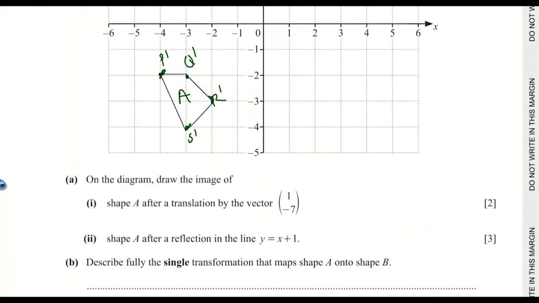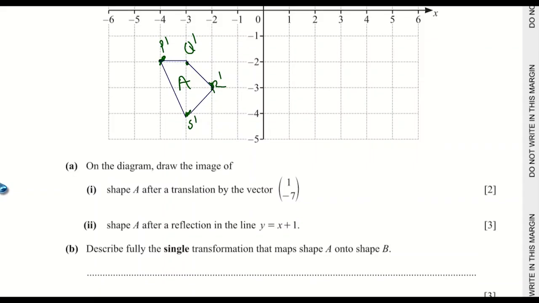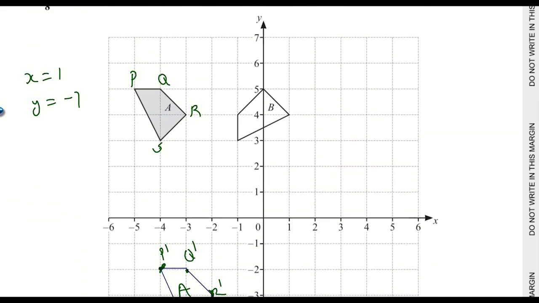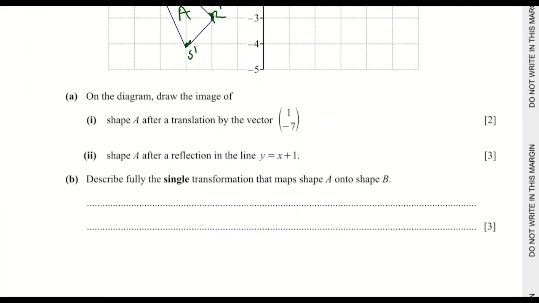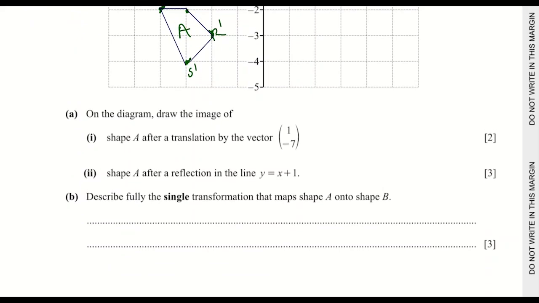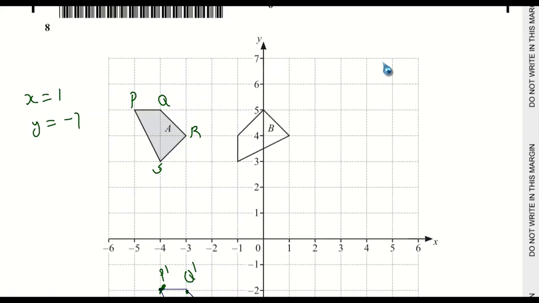Let's go to Roman figure 2. Draw the image of shape A after a reflection in the line y equals x plus 1. So we are still transforming shape A, with a reflection now in the line y equals x plus 1. We need our mirror line.